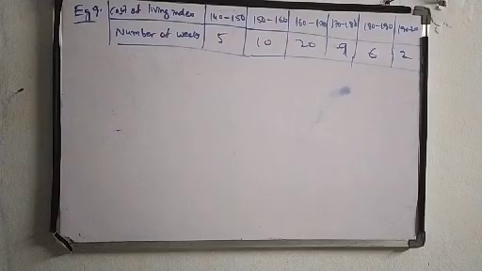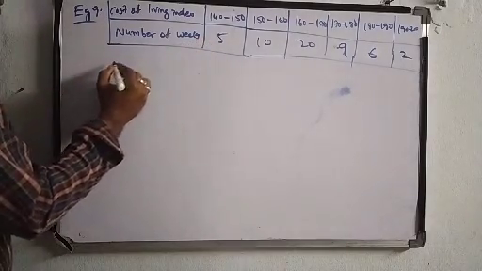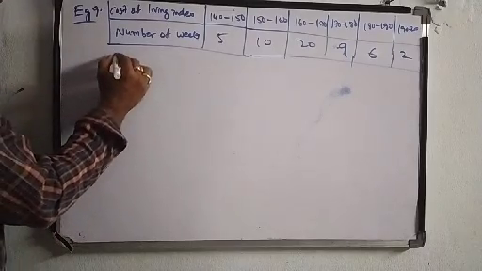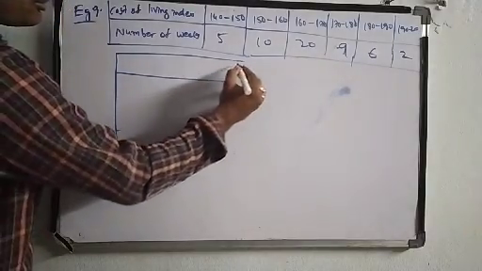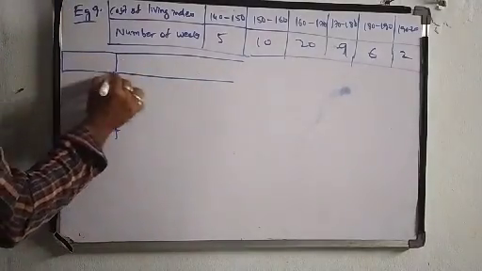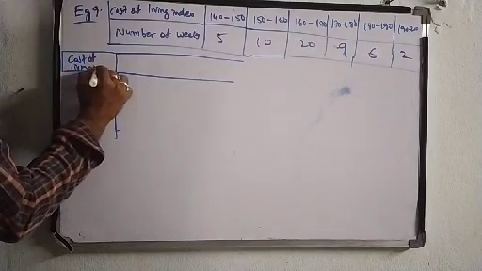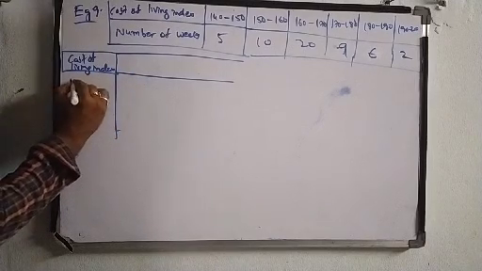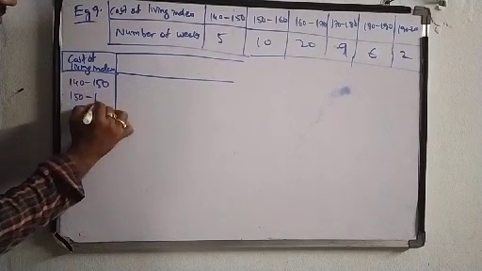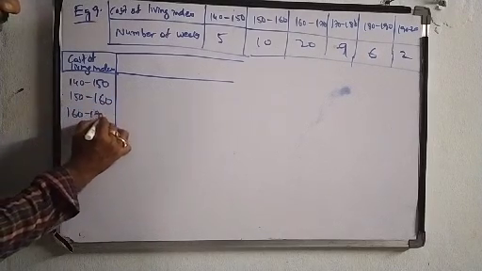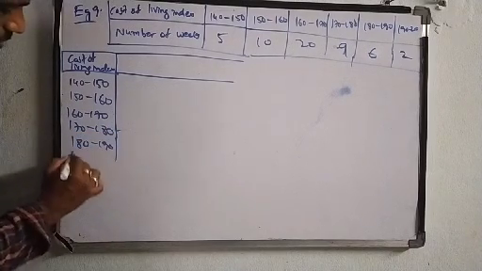Now in this question we are going to draw the frequency polygon but without using a histogram. How we are going to do it: first of all we have to draw this box vertically. So we'll write cost of living index: 140 to 150, 150 to 160, 160 to 170, 170 to 180, 180 to 190, 190 to 200.